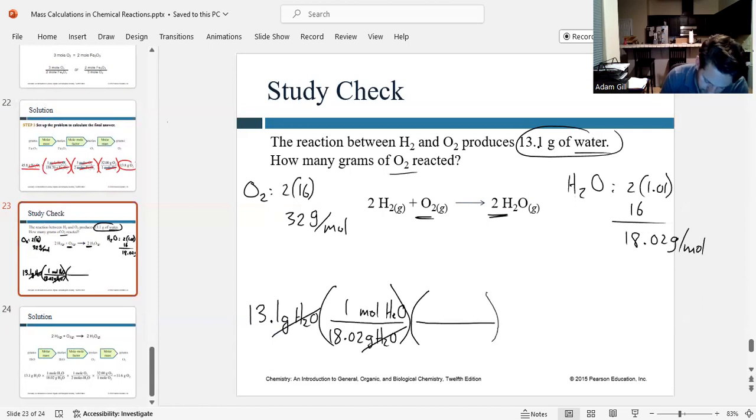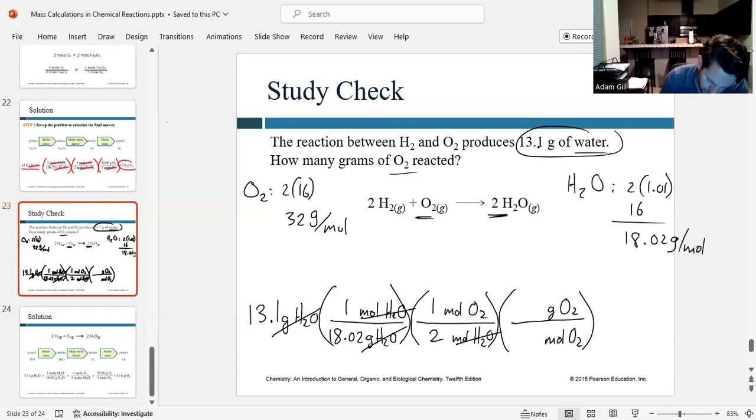Next conversion factor, we want moles of H2O on the bottom, so it cancels, and we want moles of O2 on top, and it looks like it's a 1-to-2 ratio. Moles of water cancels. And then our last conversion factor is grams of O2. Whoops. We want grams of O2 for moles of O2, and it's 32 grams per mole.